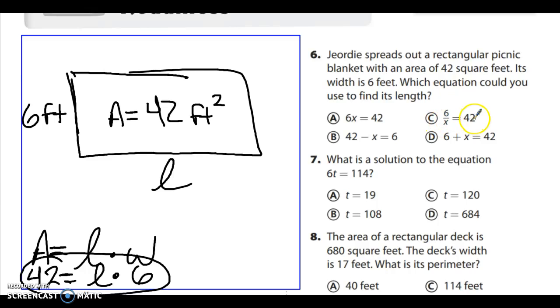I've got 6 divided by x is 42. That one doesn't make sense. I've got 42 minus x equals 6. That doesn't make sense. I've got 6 plus. That doesn't make sense. The answer is A, 6 times x. I wish they would have chosen L. I wish they would have gone 6 times L is equal to 42, because that makes more sense. Because it would be 6 times the length is 42. All right, we're on number 7.